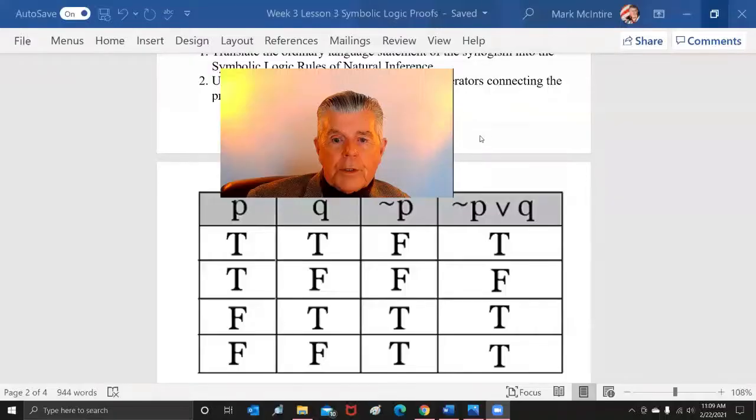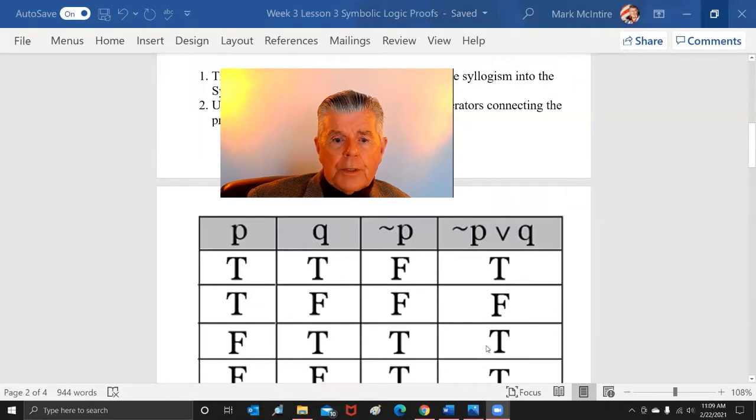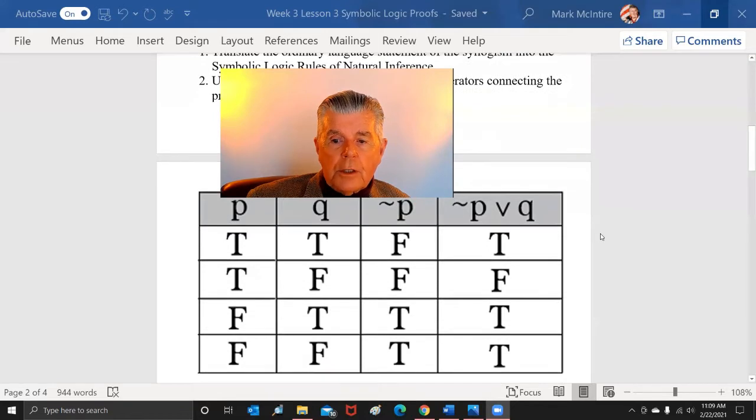So we're just going to look at this truth table now. And here you can see this is the truth table for the logical operator or. And what this truth table does is it provides 4 lines.